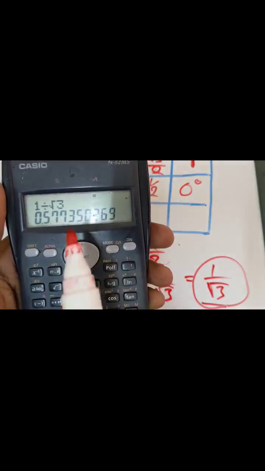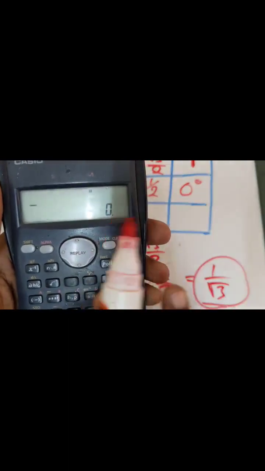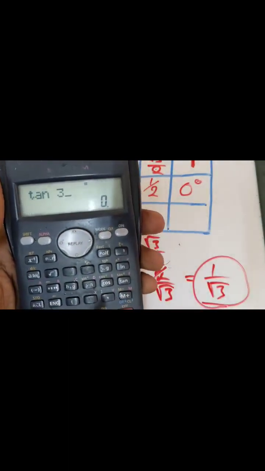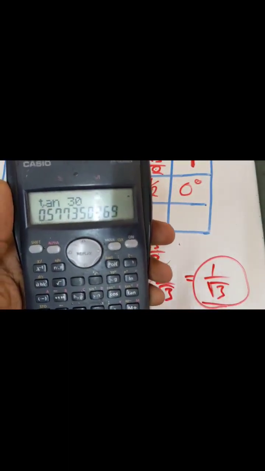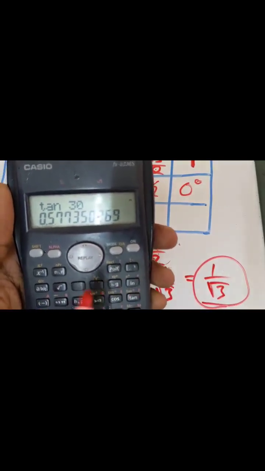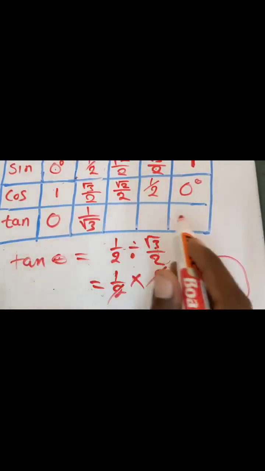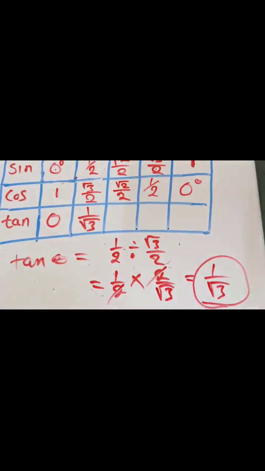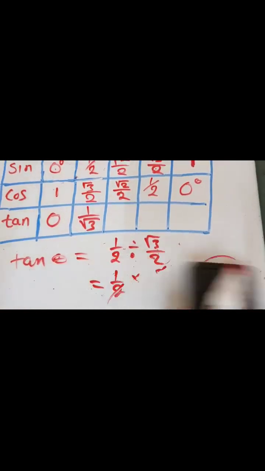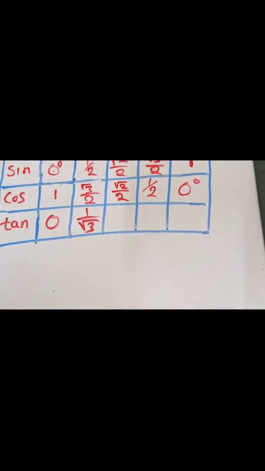Are you seeing? So we are trying to find tan 30, and that is how you do it. You can even fill this in and finish that, but let me just finish so you don't say I didn't finish.